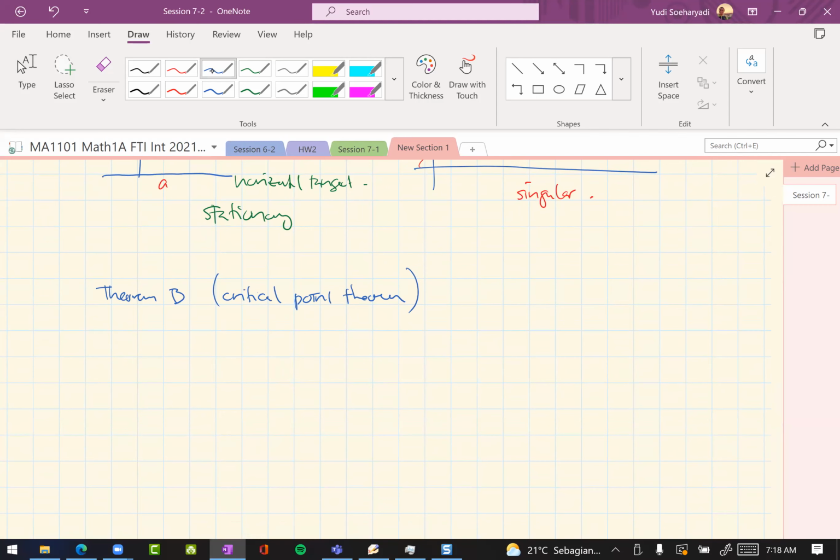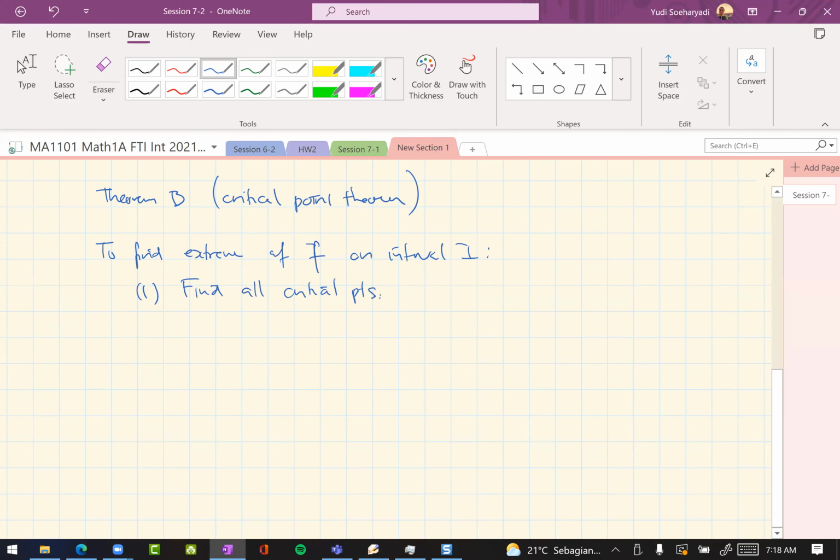So to find the extreme values of function f on interval I, what we need to do is find all critical points.